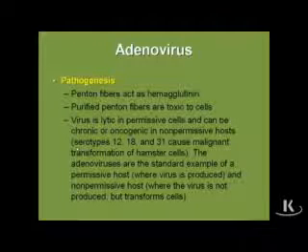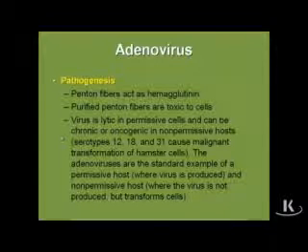Now, what's interesting to talk about for adenovirus is this lytic versus transformed situation. In a human, the virus tends to be lytic in what we would call a permissive cell. All right?